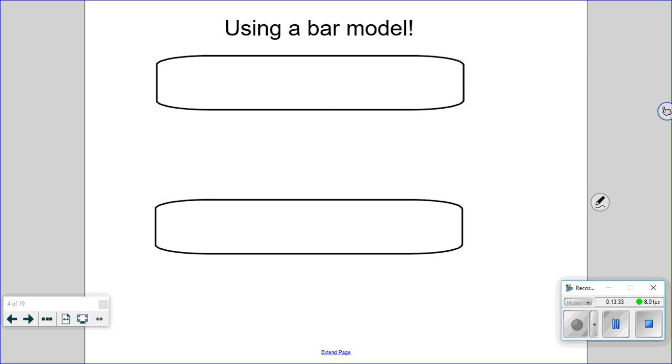It's going to represent your total, or what I call your whole. To do that, I'm going to make these little arrows that point to the ends of my bar. And I want you to write the letter W. That letter stands for whole.